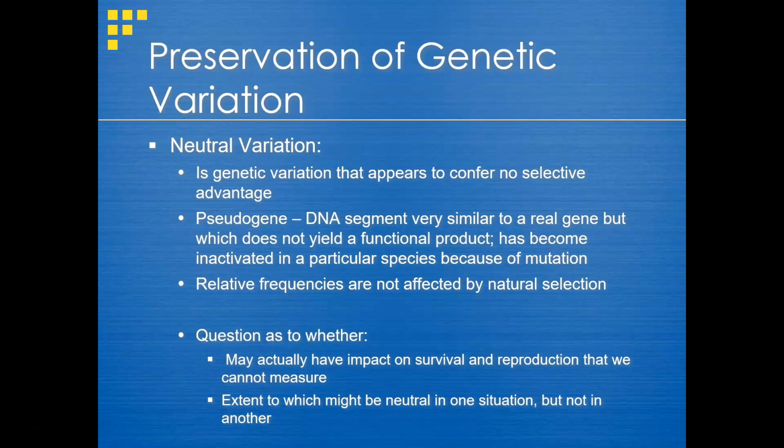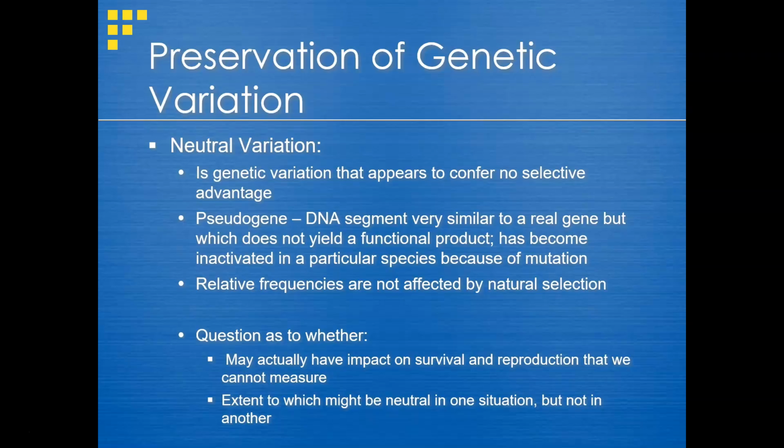So it becomes inactive in this particular species because of mutations. And so those pseudogenes, at least in that interim, don't have any function, and so they don't really confer any benefit or drawback because we're not seeing them at a phenotypic level. And so their relative frequencies aren't affected by natural selection. Any changes we see in them are usually just due to chance.